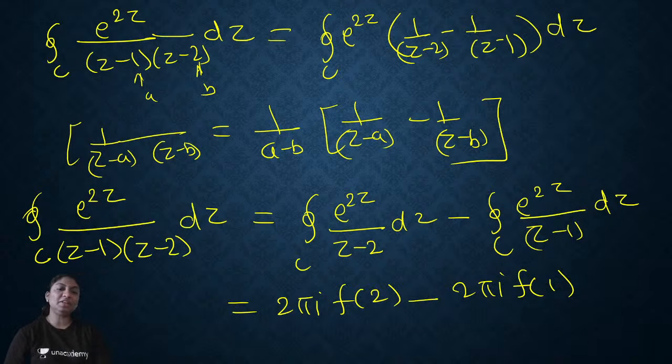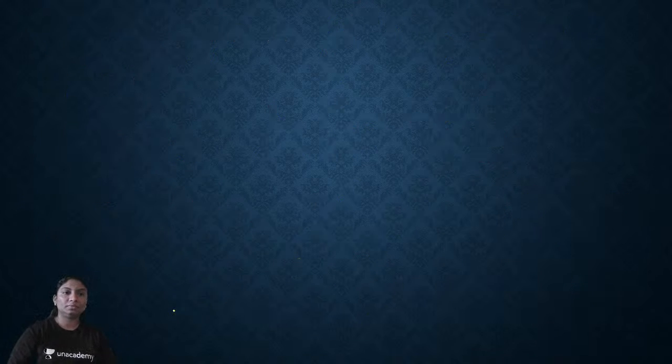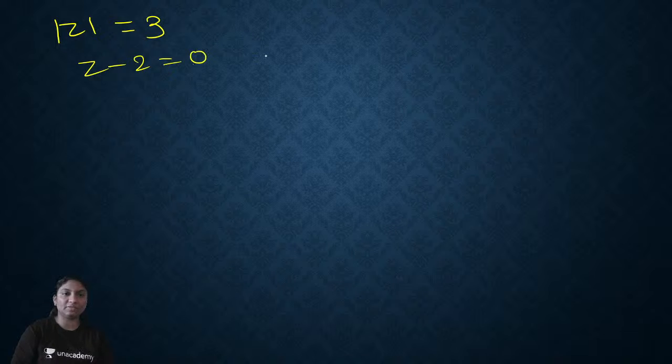Why are we writing this? Because your curve is mod z is equal to 3. So the points of singularity: z minus 2 is equal to 0, which implies z is equal to 2.